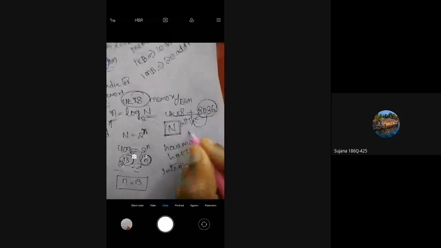Here we have capital N memory locations, out of which I want to interface P locations.